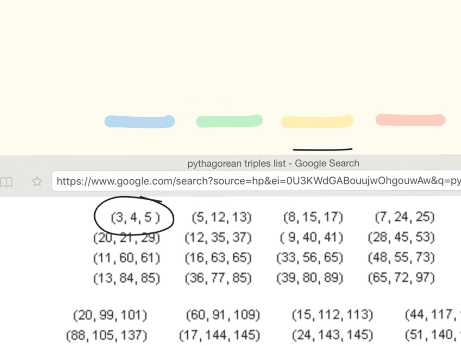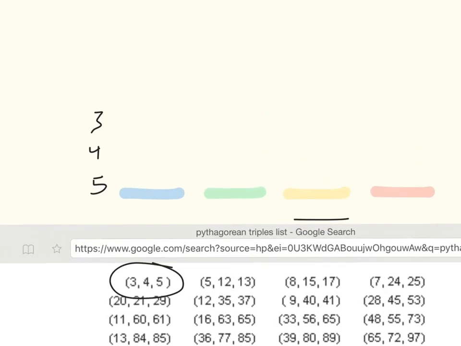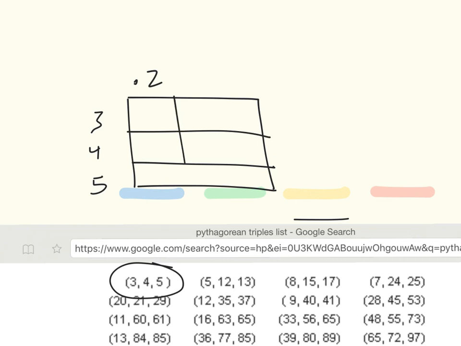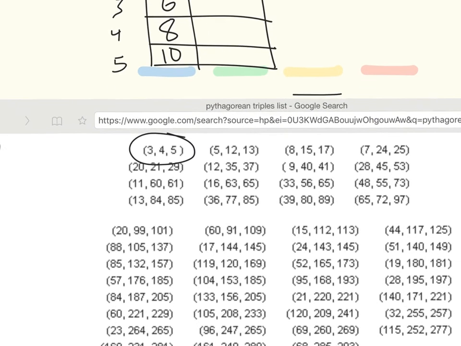So let's take 3, 4, 5, and let's times all of those numbers by 2. So if I took 3, 4, 5, and I multiplied them each by 2, let's make a little two-way table here, I would get, let's see, 3 times 2 is 6, 4 times 2 is 8, 5 times 2 is 10. And guess what? That's a Pythagorean triple.